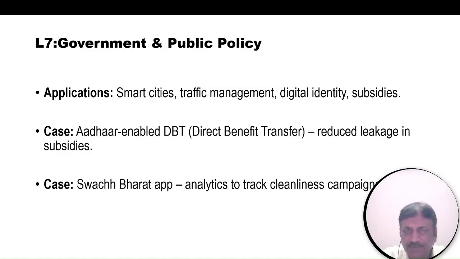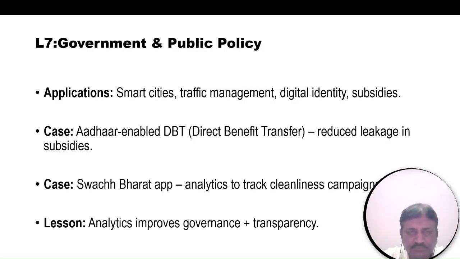Swachh Bharat app analytics to track cleanliness campaigns. Sometimes, if the garbage collecting vehicle doesn't reach a particular locality, they come to know about it, and the cleanliness drive is more targeted in such areas, and the optimization of various vehicles can also be done for Swachh Bharat.